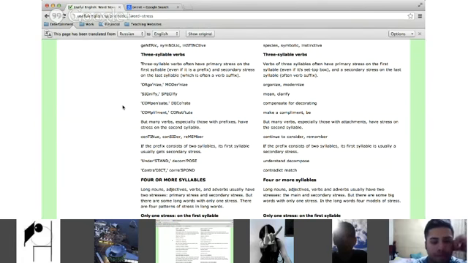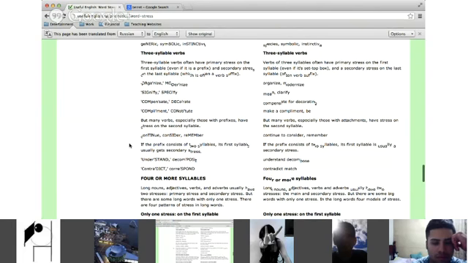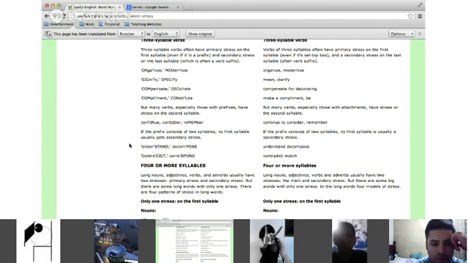But many verbs, especially those with prefixes, have stress on the second syllable: continue, consider, remember. If the prefix consists of two syllables, its first syllable usually gets secondary stress: understand, decompose, contradict, correspond. Okay, very good. Thank you.